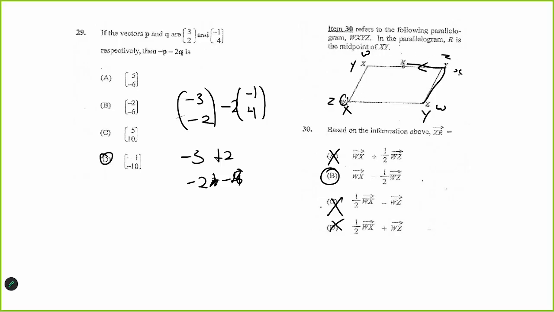We're comparing it to this. So this would be going W to Z, and the opposite direction, that's why it's minus. Right? And it's half of it. That is the end of January 2019.